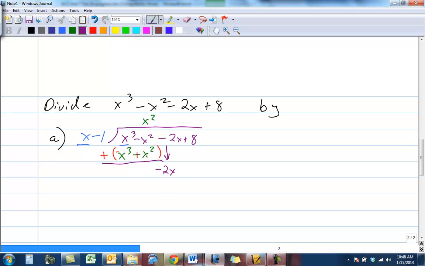Now, because there's no terms left from here, and there's two terms, I'm going to need to keep two terms. So not only does the negative 2x drop, but also the 8 drops, because I need two terms to multiply by.